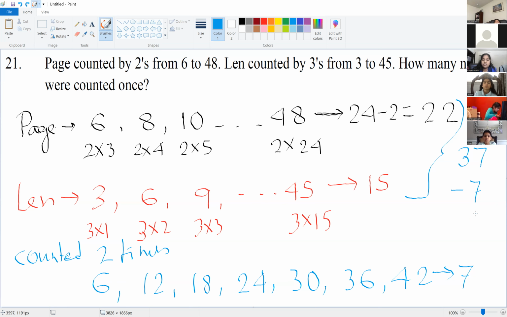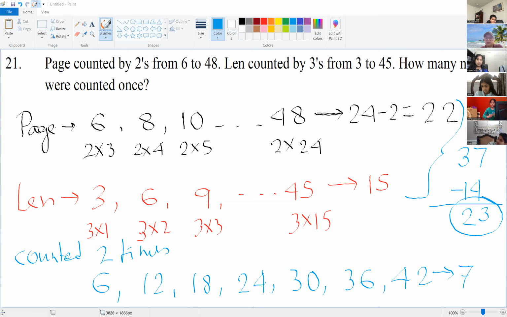Oh, 14. So think of all these numbers. Some numbers are double counted. So if I want to take those numbers out, should I subtract 14? Yeah, you should subtract 14, because they are double counted. So the answer would be 23.